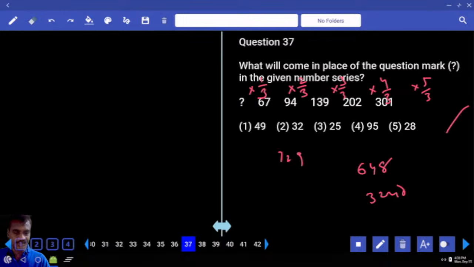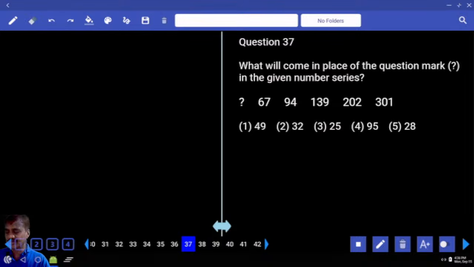Then 37. 67 and 94 difference, 27. 94 and 139 difference, 45. And 139 and 202 difference, 63.